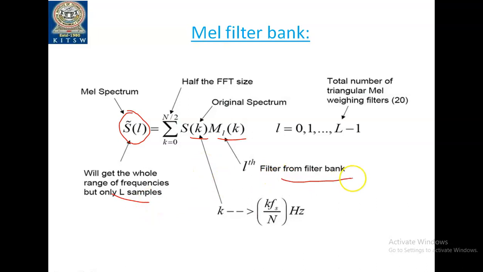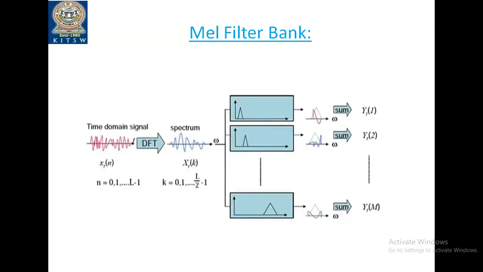This is the Lth filter from the filter bank, where k is k fs by N hertz, and L varies from 0, 1, and so on up to L minus 1. The total number of triangular Mel filters is 20. This is a standard expression you can remember. The only thing is that we are multiplying the original spectrum with the Mel spectrum. That's all. This is the Mel filter bank.